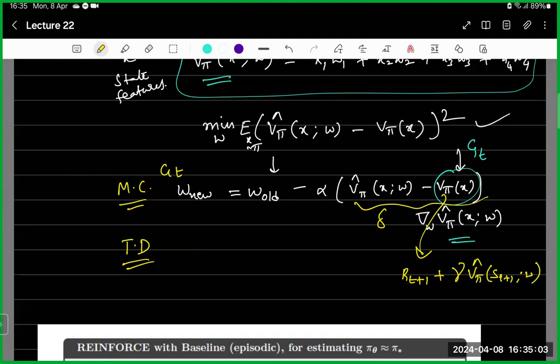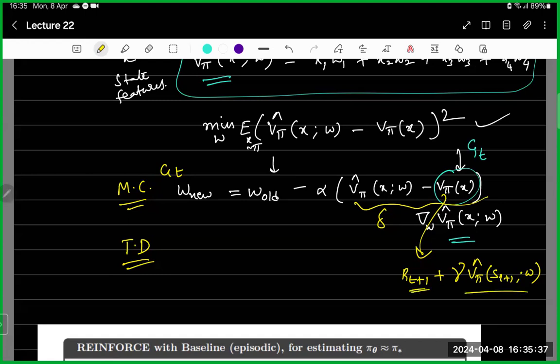You just take one action with respect to your current policy, pi, and then the remaining return. That's the only difference. If it is Monte Carlo based function approximation, you replace the true value with GT. If it is TD based function approximation, you replace the true value V pi with a bootstrapped version of your return, which is RT plus 1 plus the remaining.